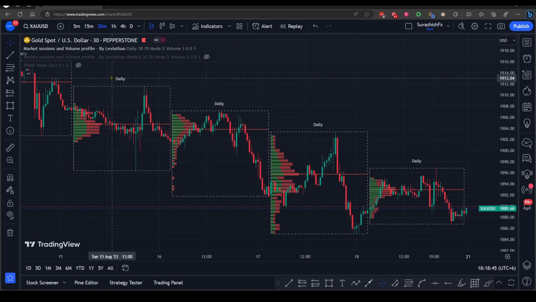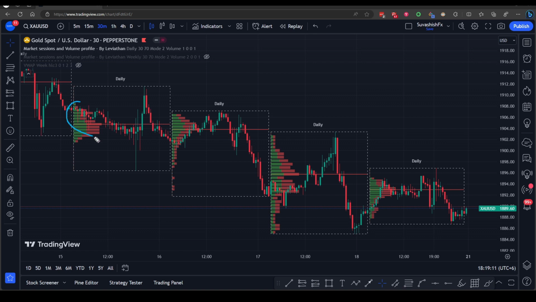So first we can see the market is in a downtrend, and I told you earlier, how do you know that the market is pulled back and reversed from that level. Okay, so if you see clearly, that's the volume profile showing us exactly where the institutions are holding their positions, right?